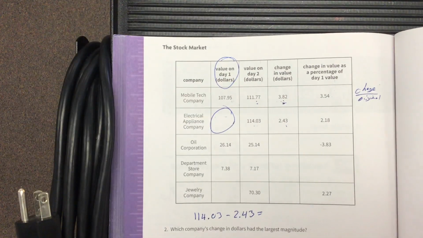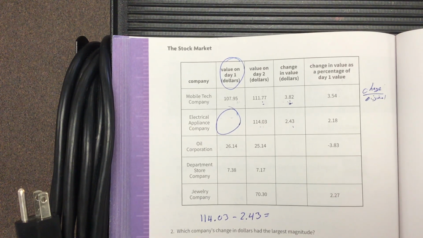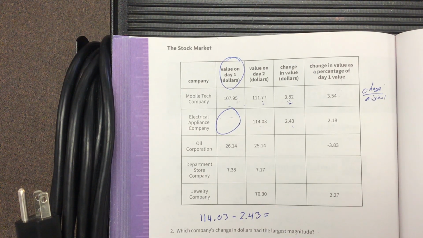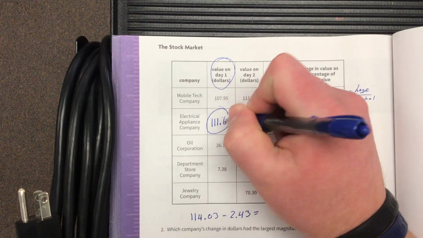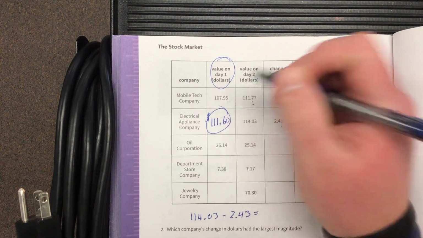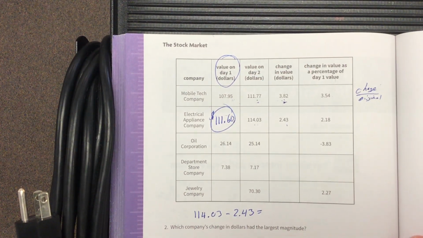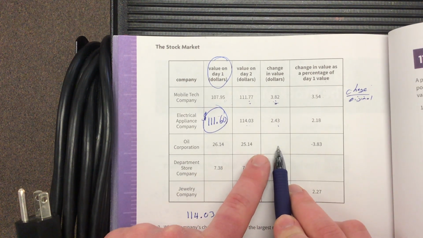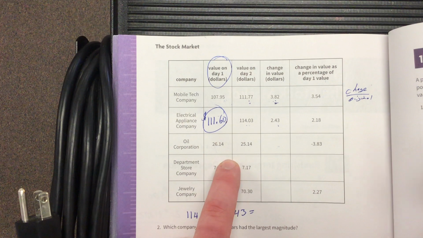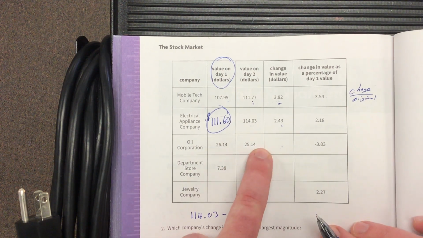All right. So once you got an answer there, let me know. Got it, Jackson? $111.60. All right. So now, how would we figure out our change in values for the oil corporation? Carson?